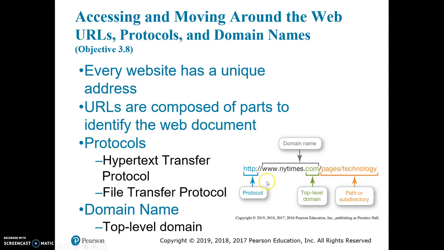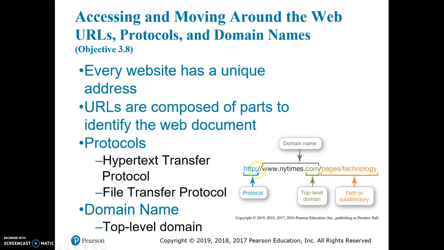There are different parts of a URL, and I do expect you to know these parts and to be able to name them. At the beginning, here, HTTP, that's our protocol. HTTP stands for Hypertext Transfer Protocol.